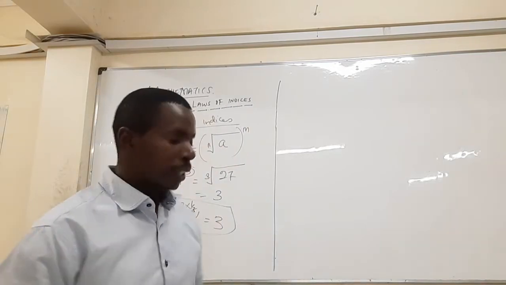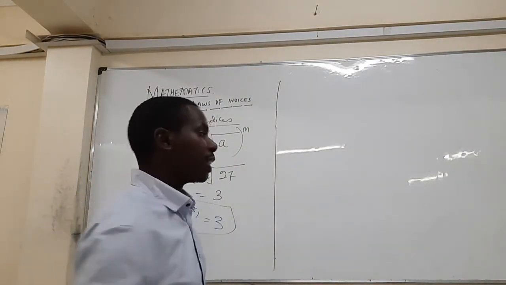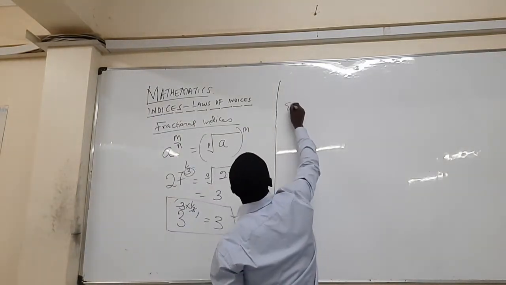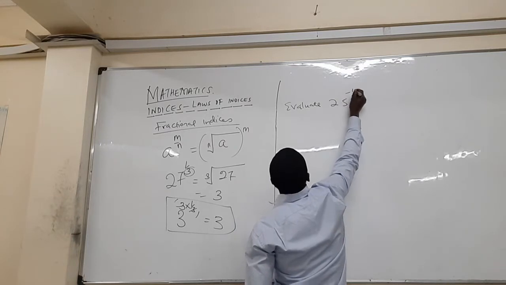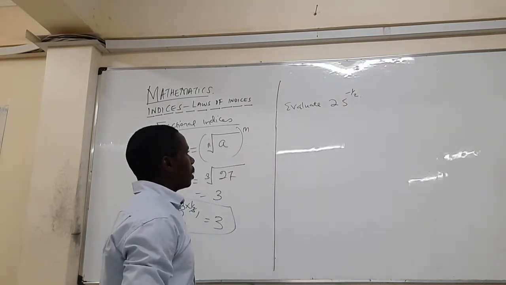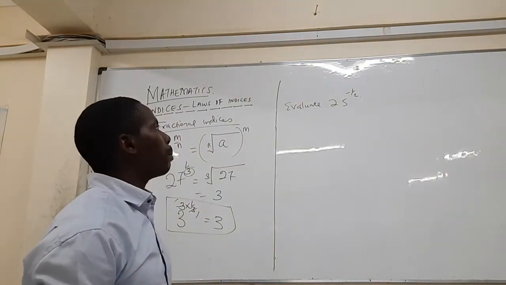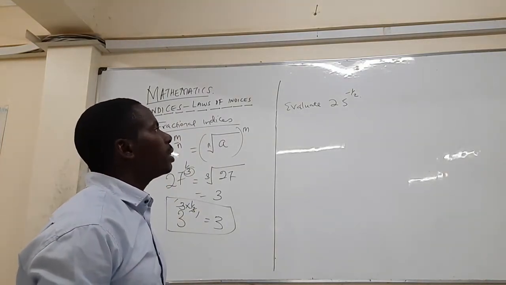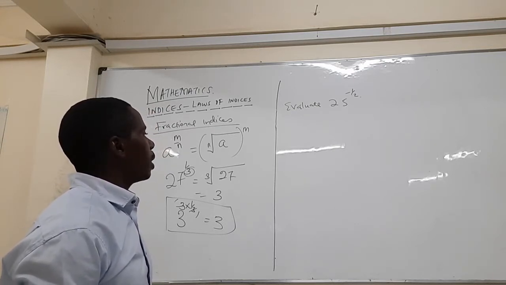Another example here, 25 power minus a half. You have to evaluate 25 power minus a half. Previously we have looked at it: when the power is negative, it means you can get the reciprocal.